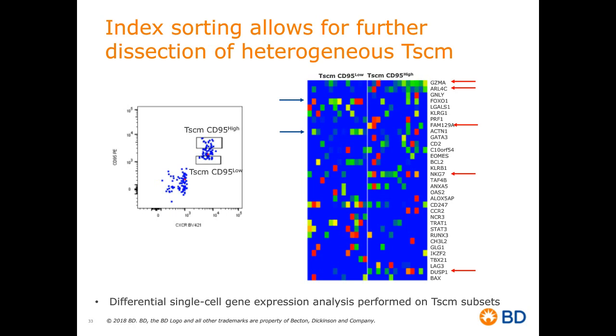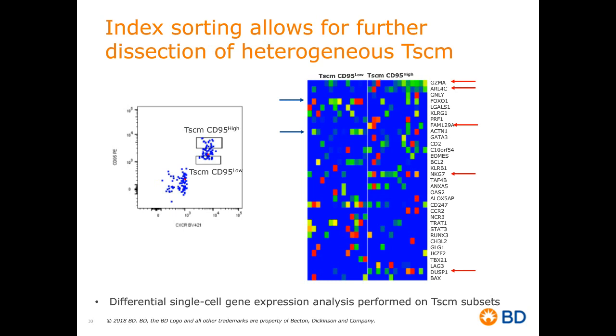We can see, for example, granzyme A on the top of the list, few cells expressing low level CD95 express granzyme A, and more express granzyme A when they acquire a higher expression of CD95. Similar for ARL4C, PEM129A, NKG7, and so forth.